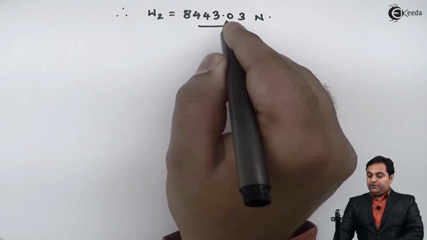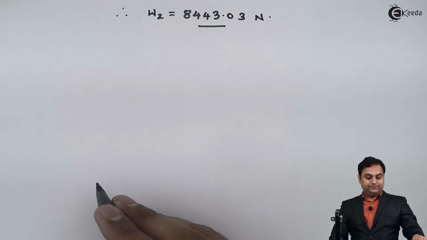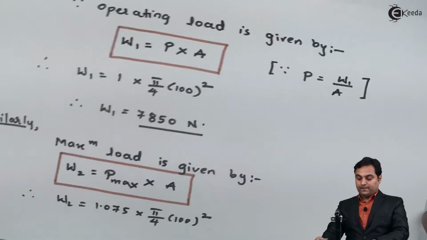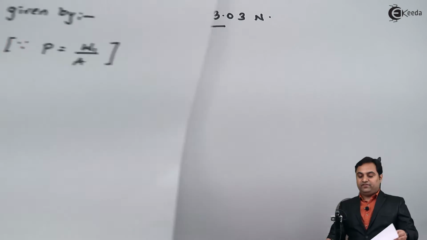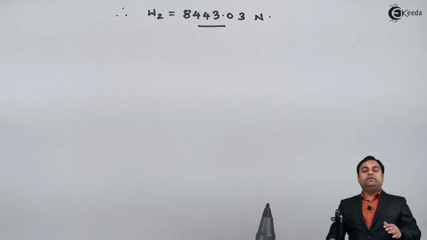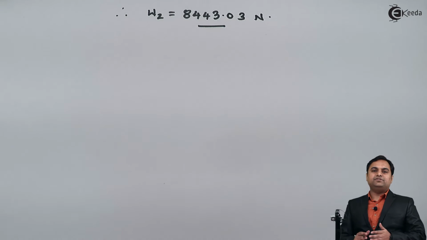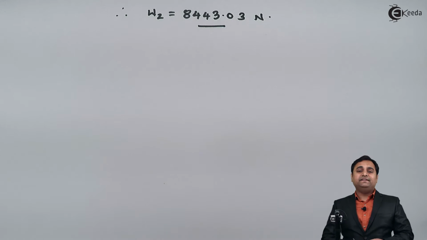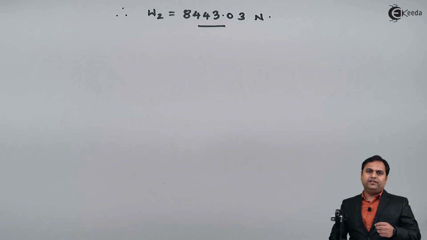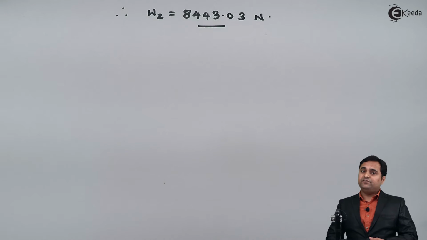So after getting these two values, W1 is 7850 and W2, these are the load range. So in this problem they had given us the load range in the form of pressure difference, that is operating pressure and maximum pressure.